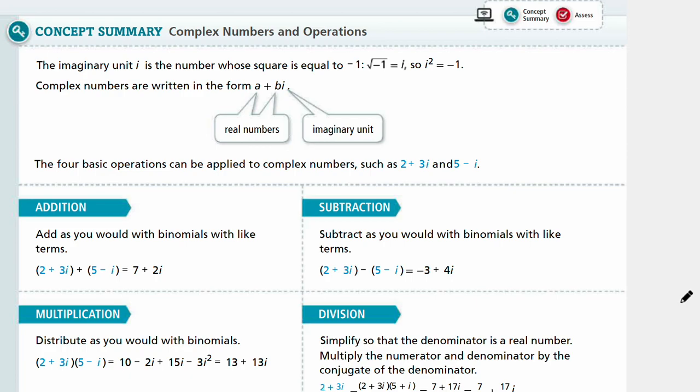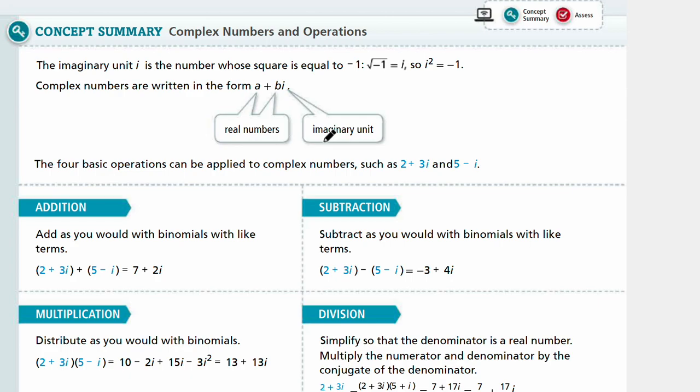If that's true, we have a complex number system. So complex numbers are written in the form a plus bi, where a and b are real numbers, and i is the imaginary unit. So we still use real numbers in our complex number system, but as long as you have the imaginary unit, it altogether is a complex number, okay?